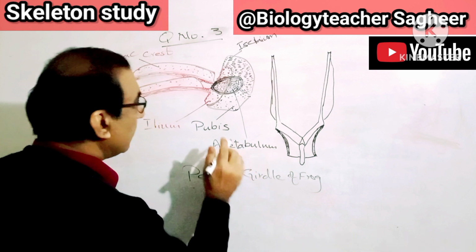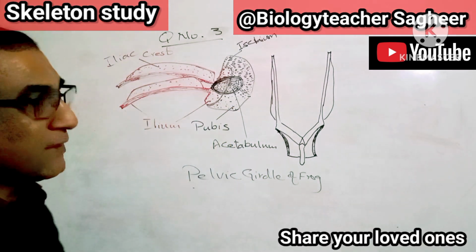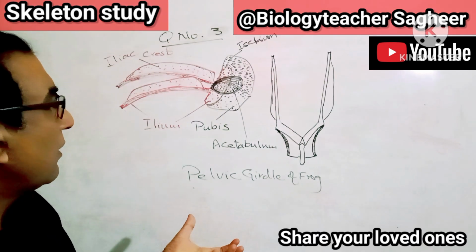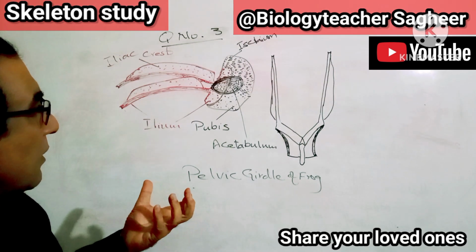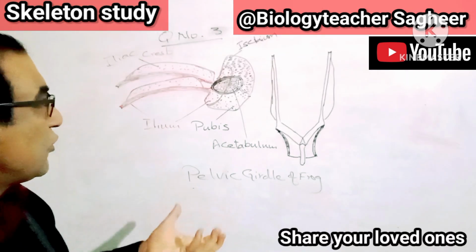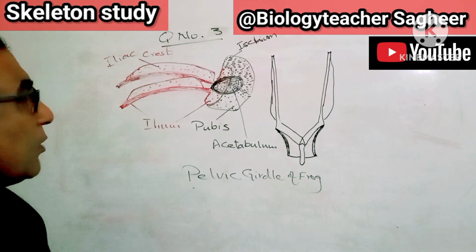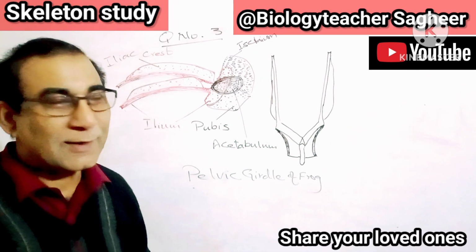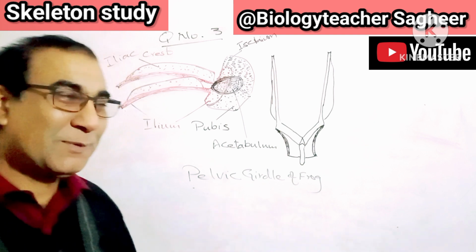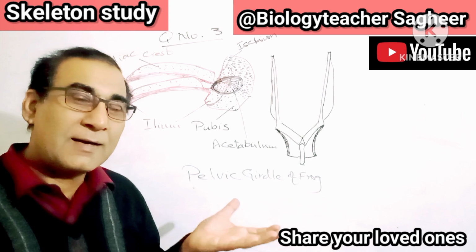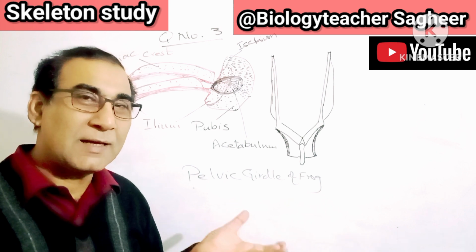This name is given to this cavity after that very structure which, in Greek mythology, it is said that the Greek gods used to drink wine in that cup which was known as acetabulum.